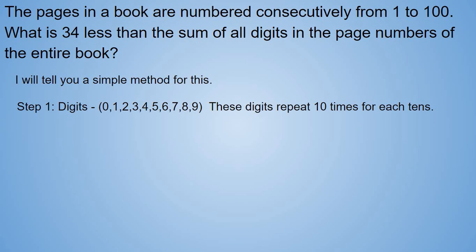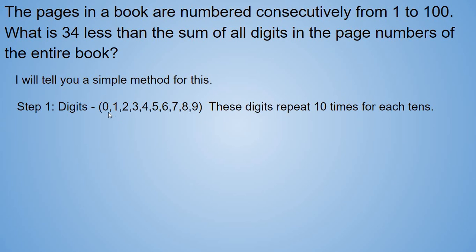Let me give you an example. Let's say 1. 1 repeats in 1, 11, 21, 31, 41, 51, 61, 71, 81, and 91. That's 10 times. Okay, so let me tell you something here. We're just calculating the last digit.